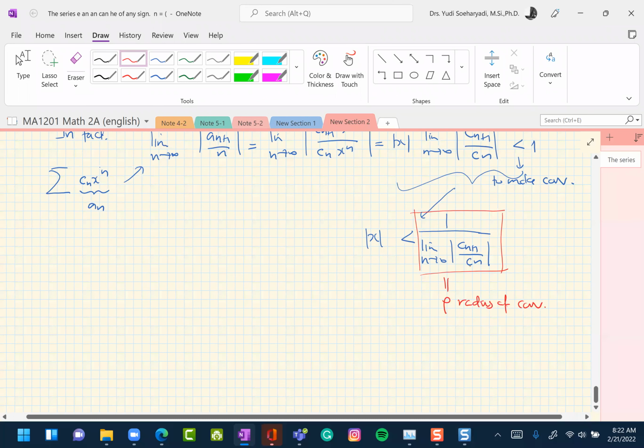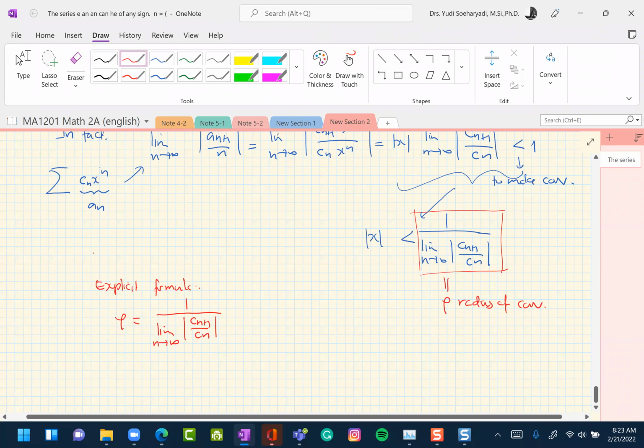This is an explicit formula to find the radius of convergence. C is the coefficient, a is the term.